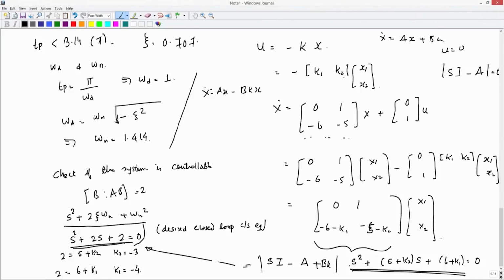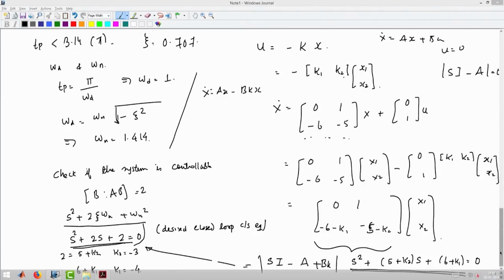Okay. So, in some problems the specifications could also be not in terms of zeta and omega n, but directly in terms of the desired closed loop poles.